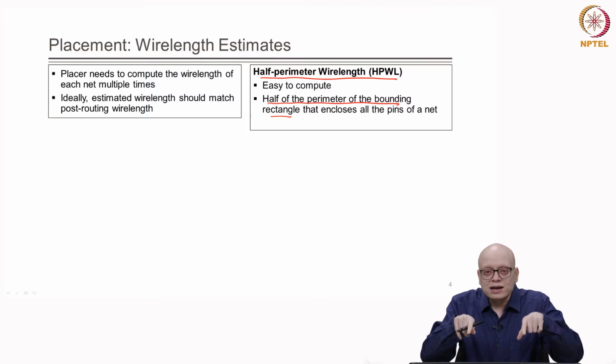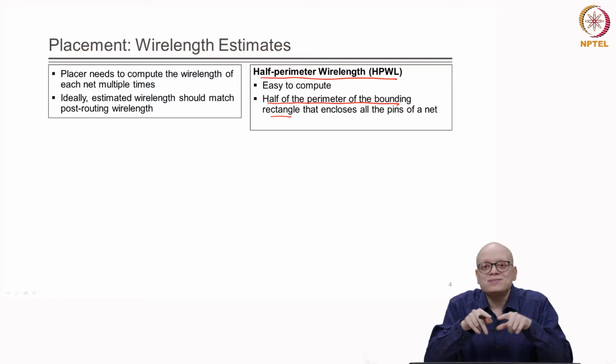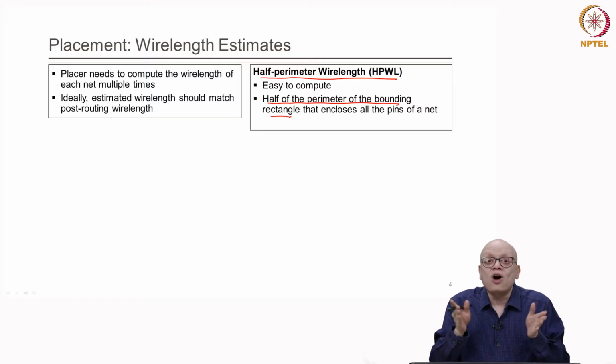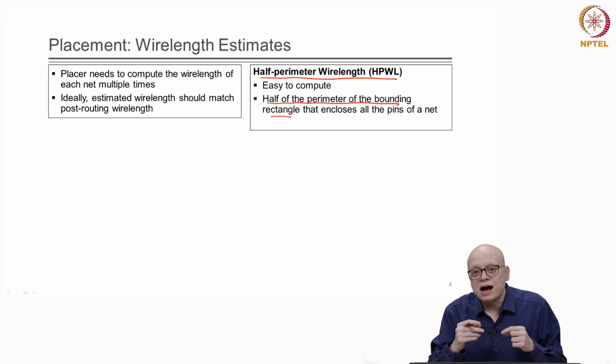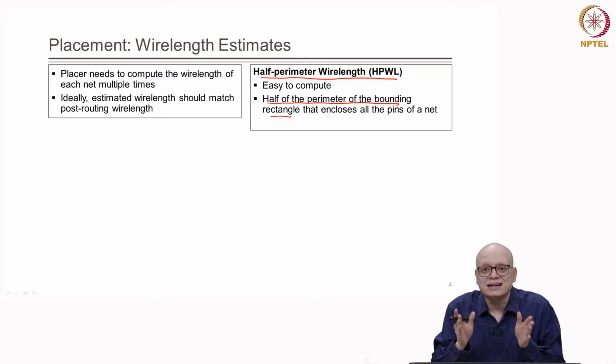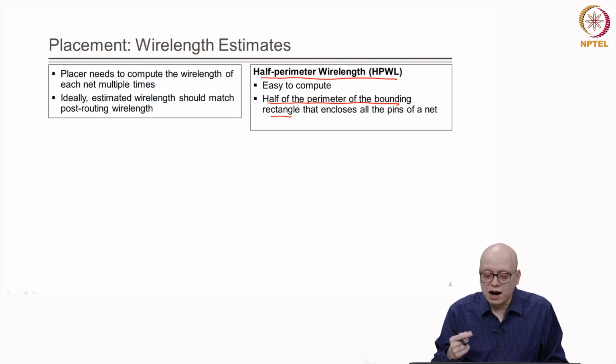Now, we first find the smallest bounding box which contains all the pins of that net, right. And then what is the half perimeter of that bounding rectangle? That is considered as the half perimeter wire length estimate of a given net, right.